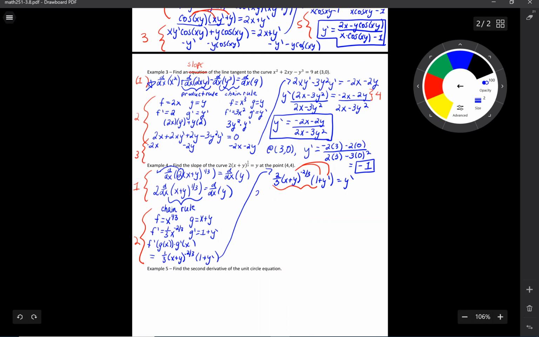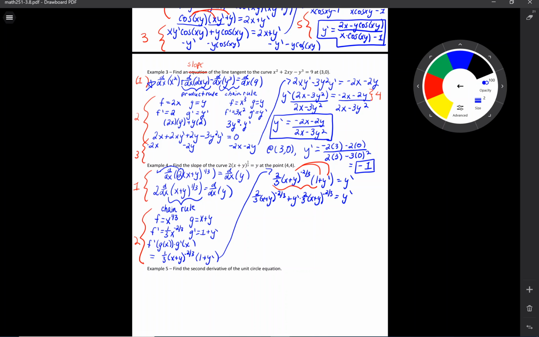So I get 2/3 (x plus y) to the power of negative 2/3 plus y prime times 2/3 (x plus y) to the negative 2/3 is equal to y prime. I simply multiplied out the first 2 terms in order to see which term has a y prime on it and which one doesn't.